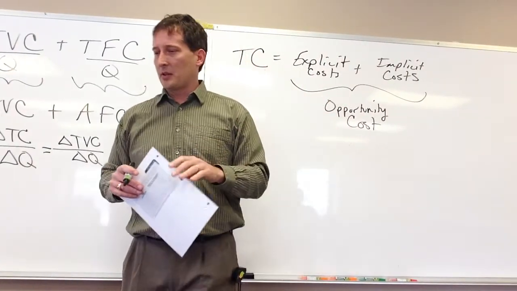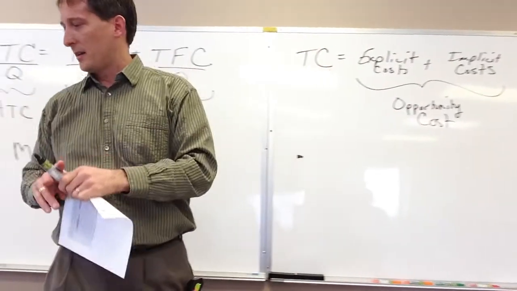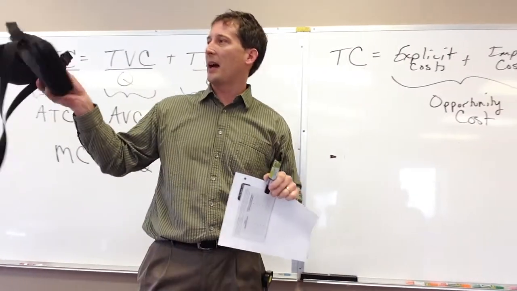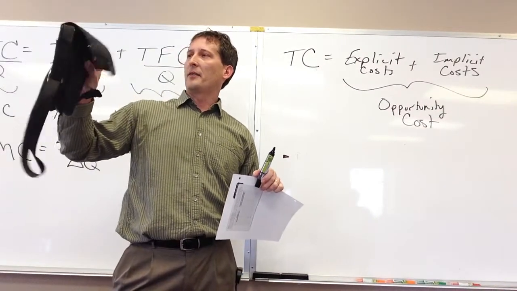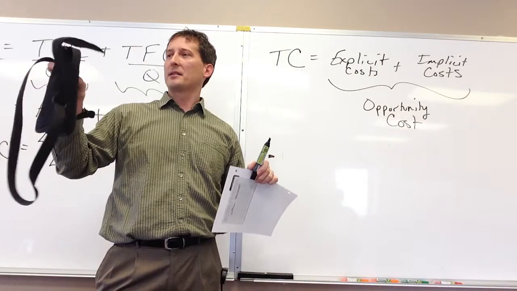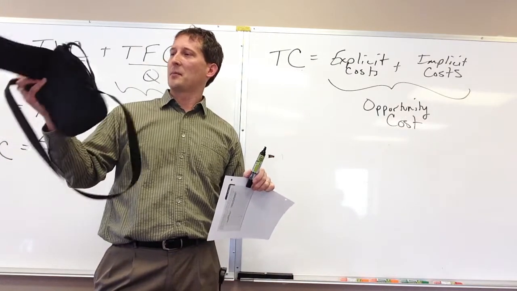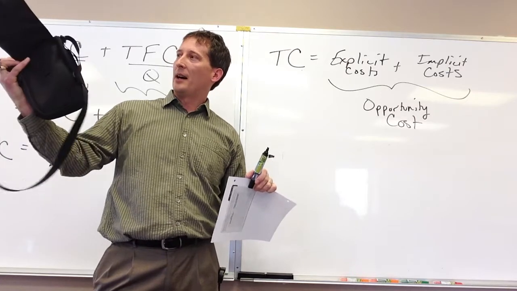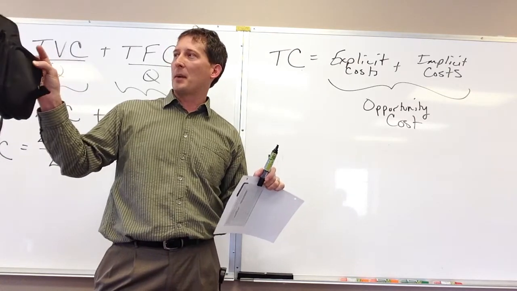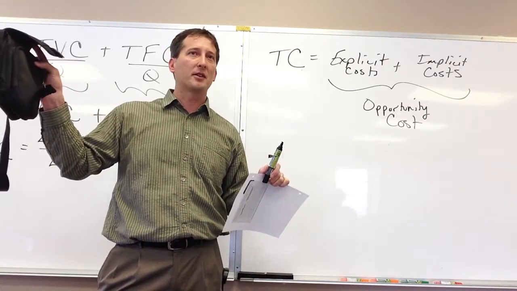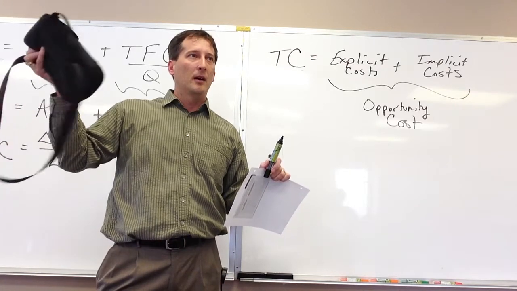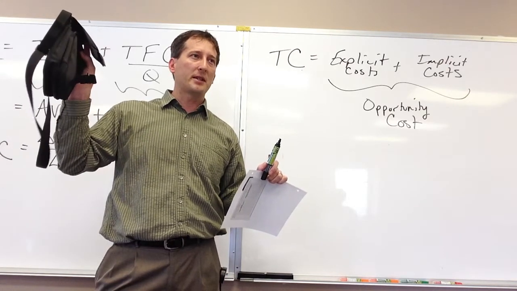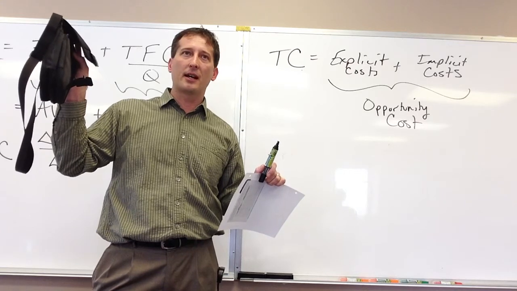Why? What's the opportunity cost if I go buy this bag, since I'm in a restaurant doing somehow I'm a wholesaler or supplier? If I go spend $14 on this bag and expect to sell it for $28 at my store, why is the $14 an opportunity cost?